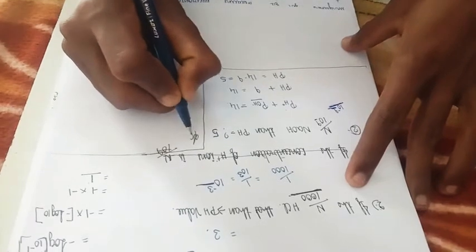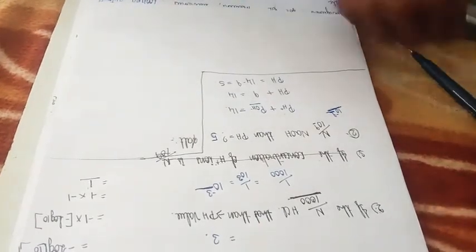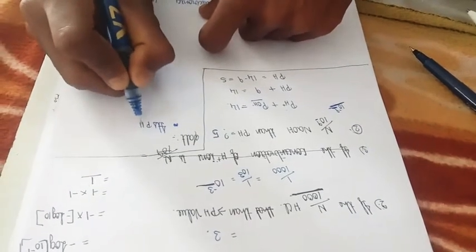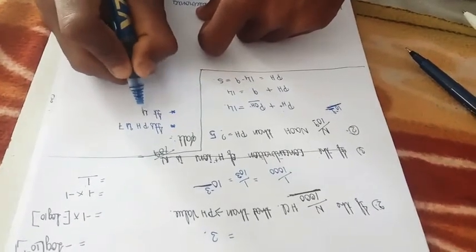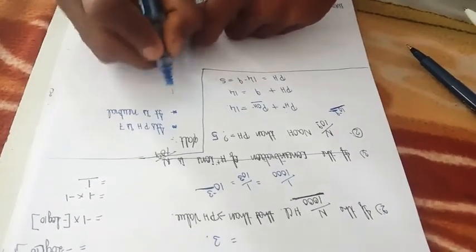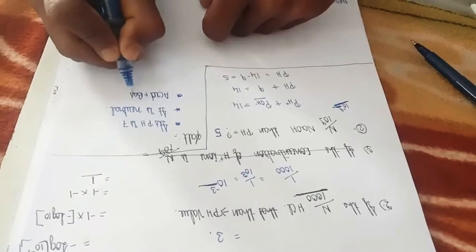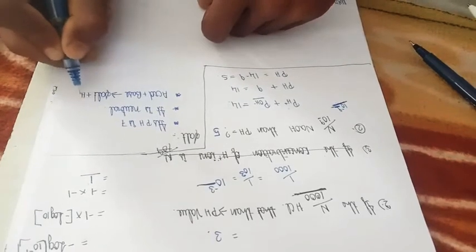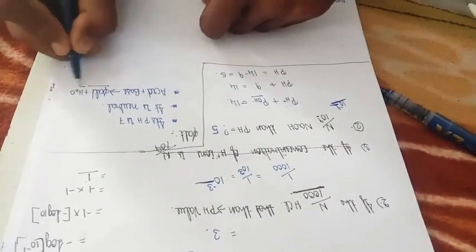And the next topic is salt. How can we define salt? Its pH is 7. It is neutral. And the reaction: acid plus base gives salt plus H2O, and in that, salt and H2O both are neutral.